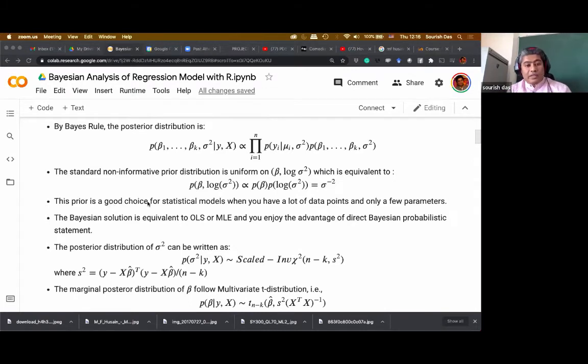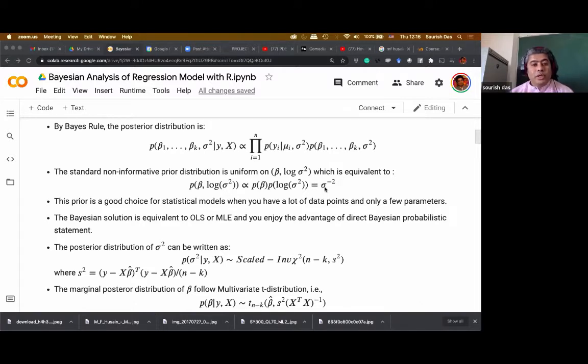This prior is a good choice for a statistical model when you have a lot of data points and only a few parameters. If you have only 3-4 parameters or 10 parameters and you have hundreds of samples, then this prior is a very good choice for you.